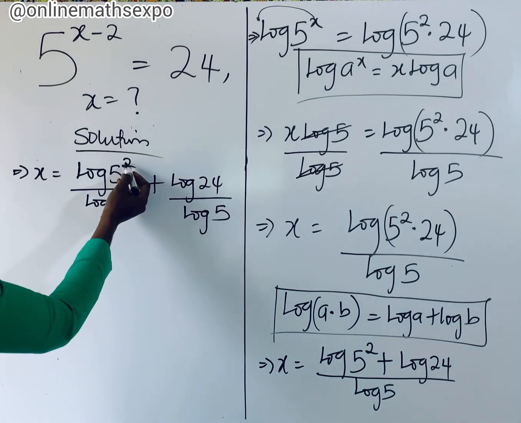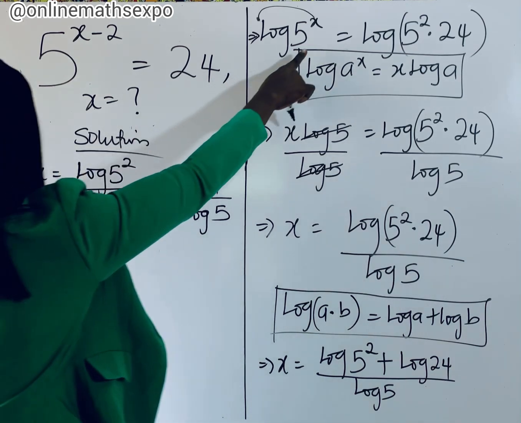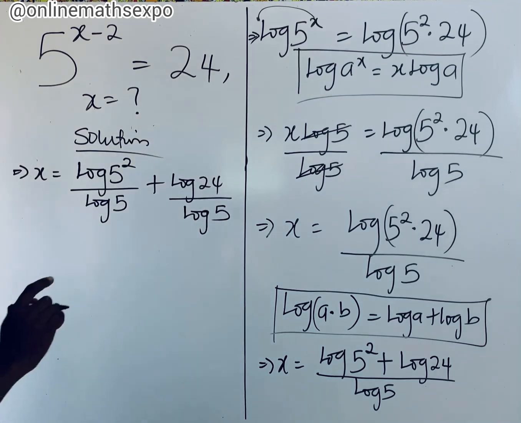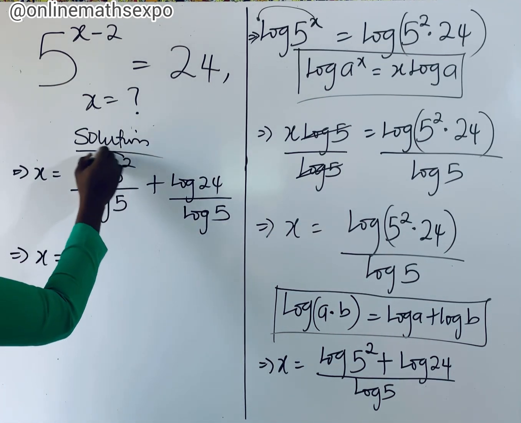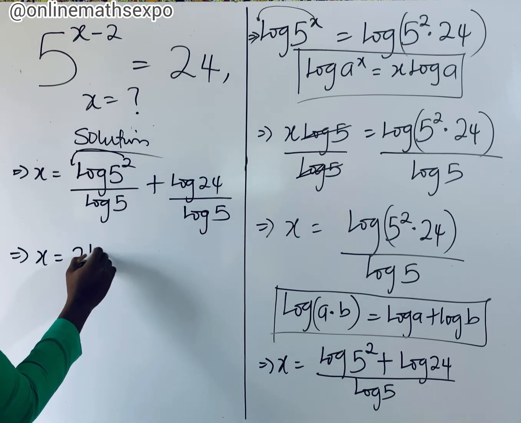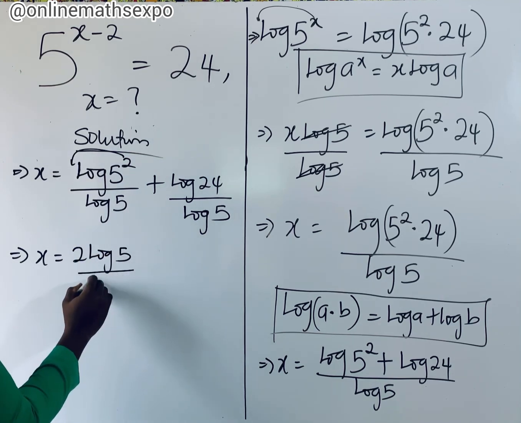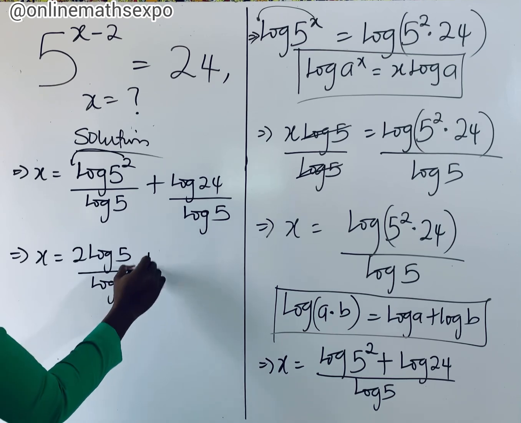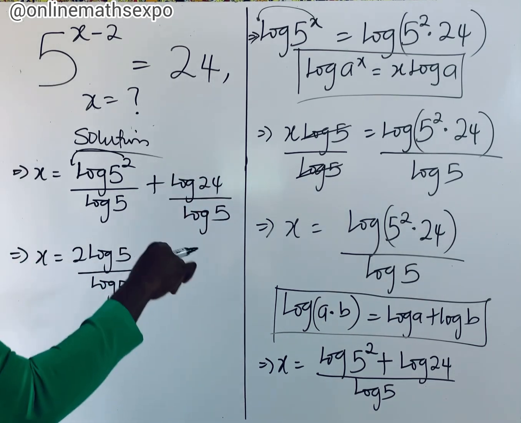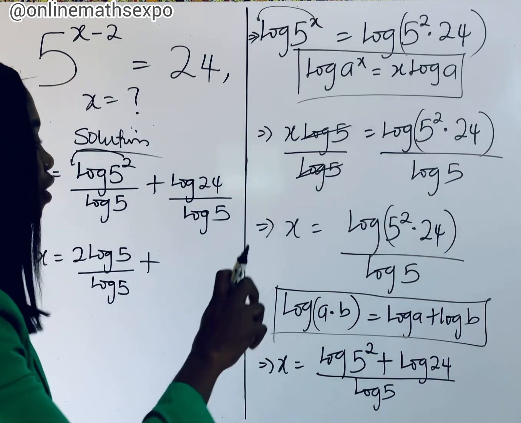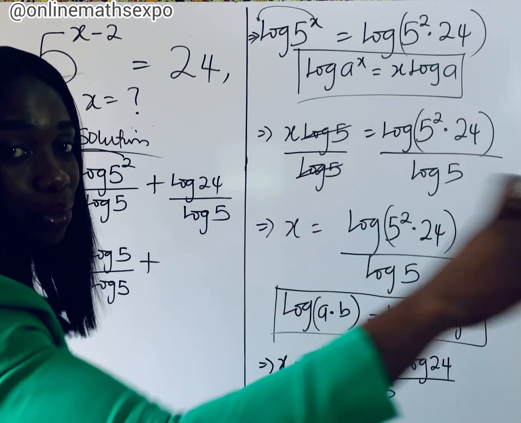Remember we said the power multiplies the log, just from what we have done here, okay? So in that case, we are going to have x is equal to, this we multiply, so we have 2 log 5 divided by log 5, okay? Plus, now this 24 is not simplified yet. So we're going to express it in its prime product form.